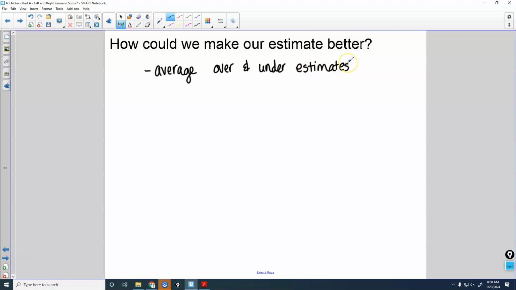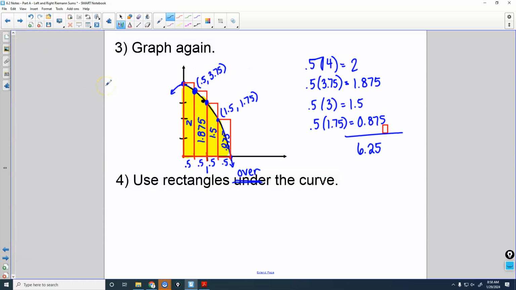And we know that would give us an idea. Except for certain functions, it's not going to be the exact value. It's going to be a lot closer than our original estimates, right? So that's an option. What else? What else could we have done over here?